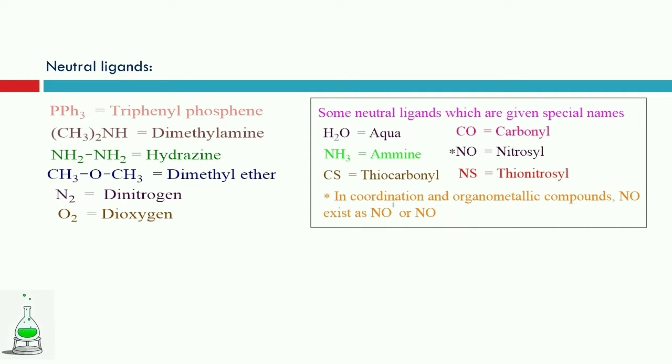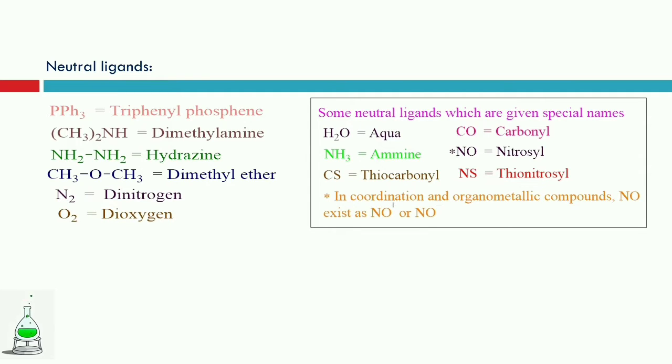Here water is written as aqua, CO is written as carbonyl, and NH3 is written as ammine, NO is written as nitrosyl, CS is called thiocarbonyl, and NS is called thionitrosyl. In coordination and organometallic compounds, the nitrosyl ligand exists as NO plus or NO minus.